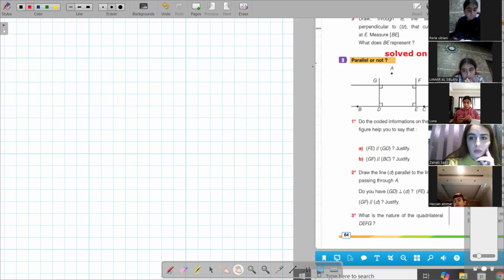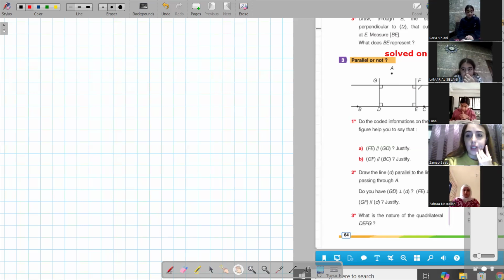D1. They are perpendicular to the line D1. Excellent. How did you know that they are perpendicular to D1? Because they have a right angle. Bravo. So because it's given from the figure, 90° here and 90° here, it means that GD and FE are perpendicular to the same line D1. So since they are perpendicular to the same line, then we can say that they are parallel.